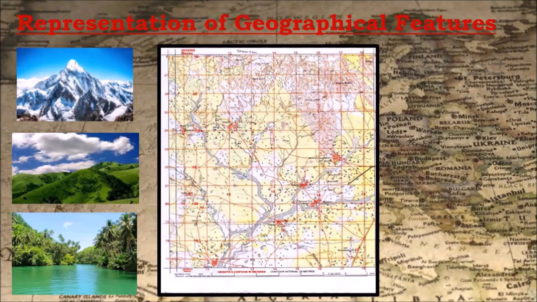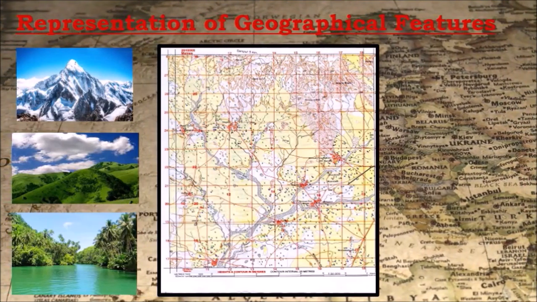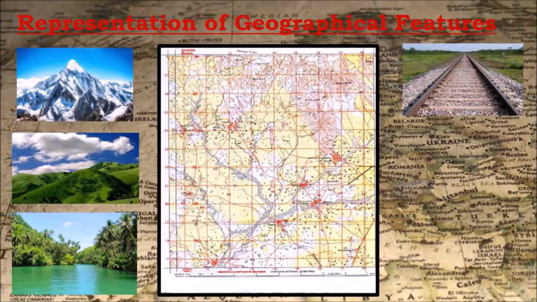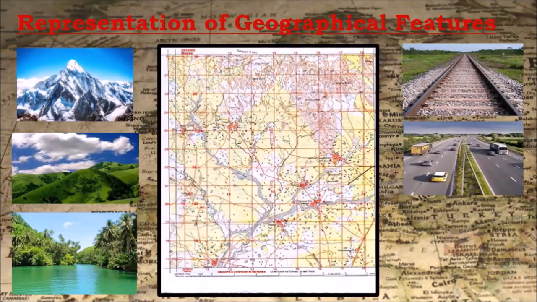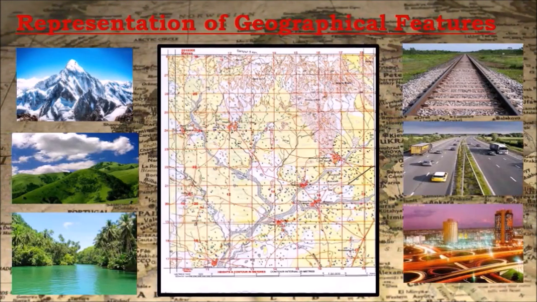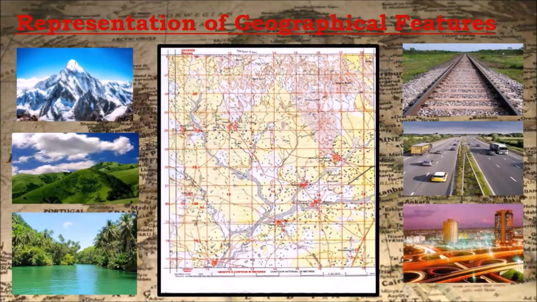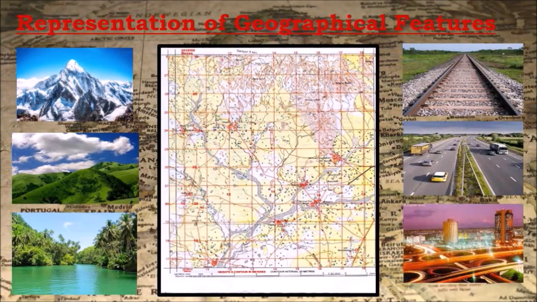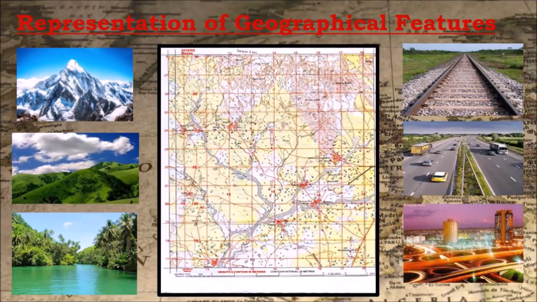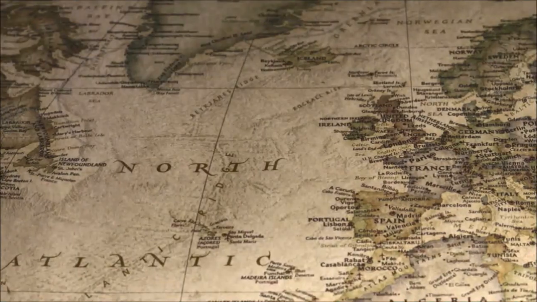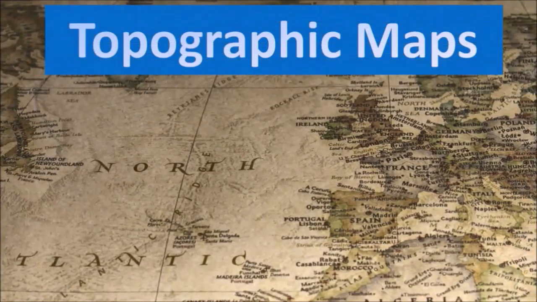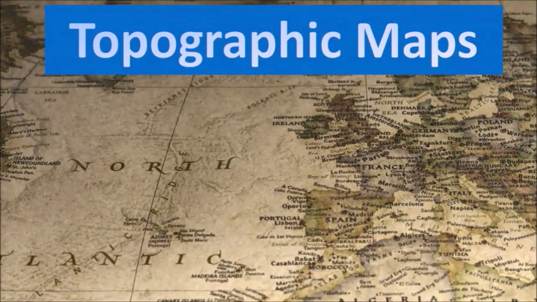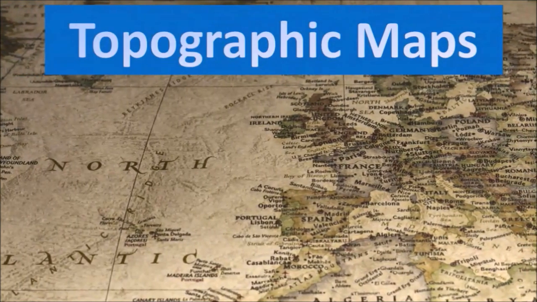Man-made geographical features include railroads, roads, human settlements, bridges, airports, buildings, dams, etc. In this chapter, we will study how these features are represented on topographic maps. Topographic maps.